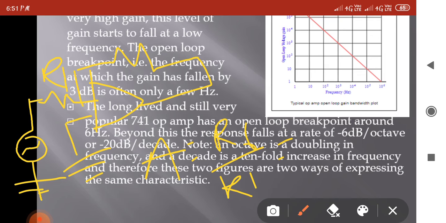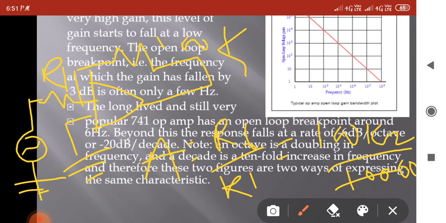With RF of 100 kilo ohms divided by R1 of 10 kilo ohms, the 10 kilo ohm and 10 kilo ohm get cancelled, only 10 is remaining. It is 20 log 10, and 20 log 10 means 20 dB.